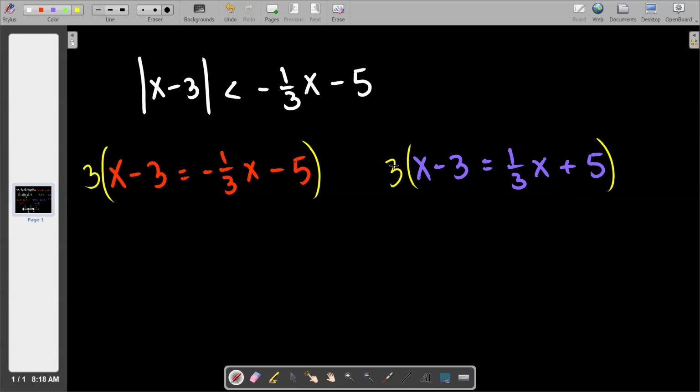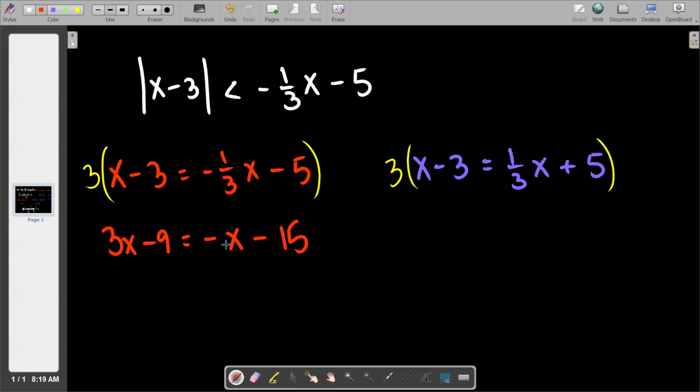So if I multiply by 3, what do I get on the red equation? 3x minus 9 equals, no, just negative 1x because the 3's cancel, minus 15. Got that? So remember those 3's canceling kind of makes that multiplication really never happen there.